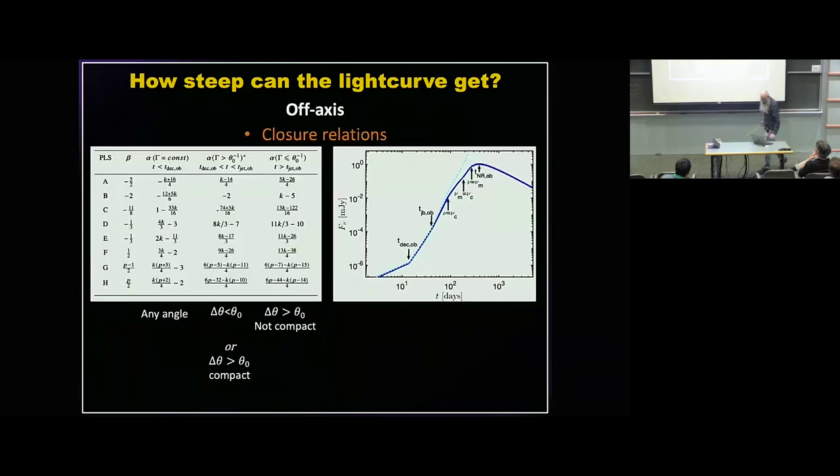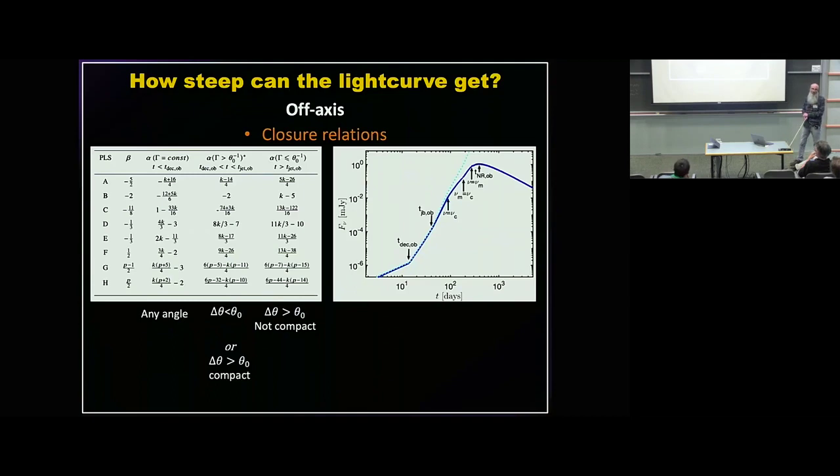So as Asaf already mentioned, this is something that we applied to 18HYZ. Maybe one more comment here before I move to 18HYZ is that if you want to do it for a general regime in terms of viewing angle, in terms of power law segment in the synchrotron spectrum, we have all of that in the paper, and you can get exactly this closure relation between spectral index and temporal index for the off-axis case.